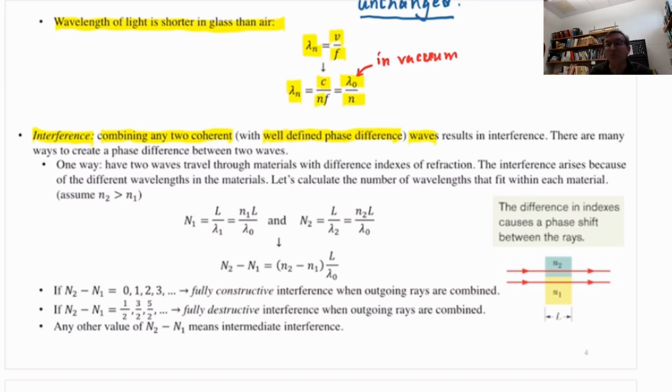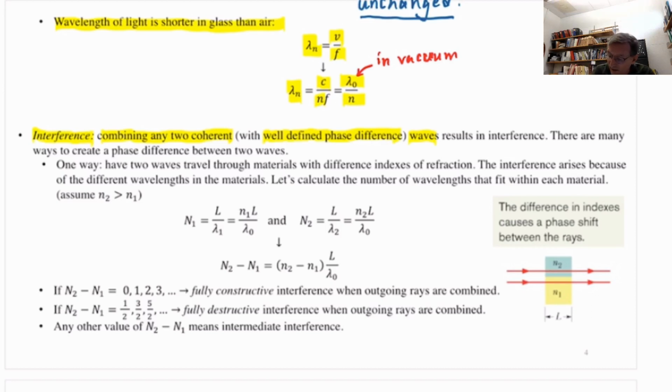If I think of these waves as sinusoidal curves, oscillatory curves, then I've got two of them. If there's a well-defined phase difference between them, then I know how they're lined up with each other, and that's not changing as time goes by. So if we have any two coherent waves and we combine them, we can get interference.